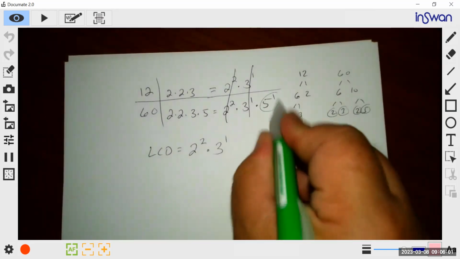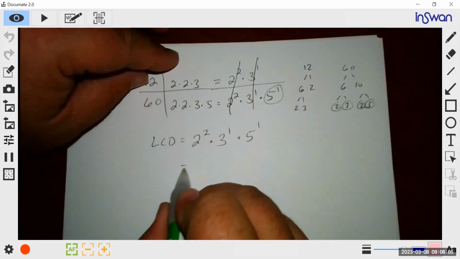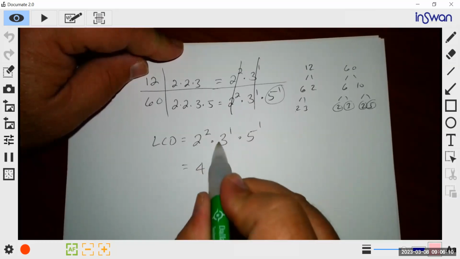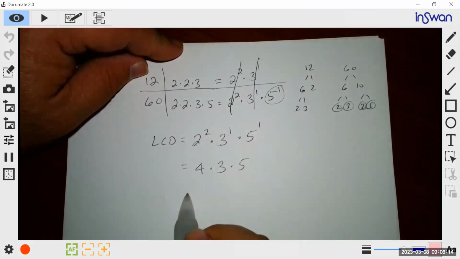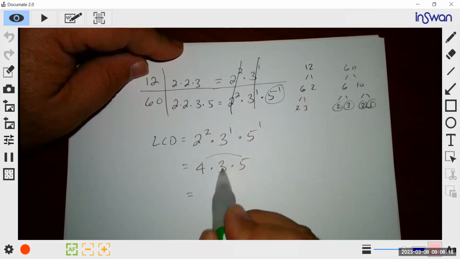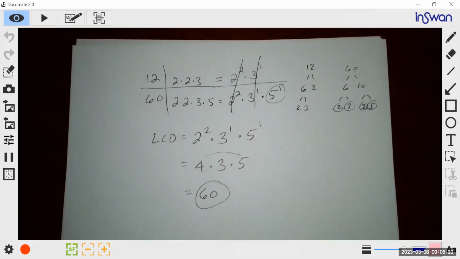Yeah, because there's a 5 here. So 2 squared is 4. 3 to the first is 3. 5 to the first is 5. 4 times 5 is 20. Times 3 is 60. The smallest number that both of those fit into is 60. That's how you do it.